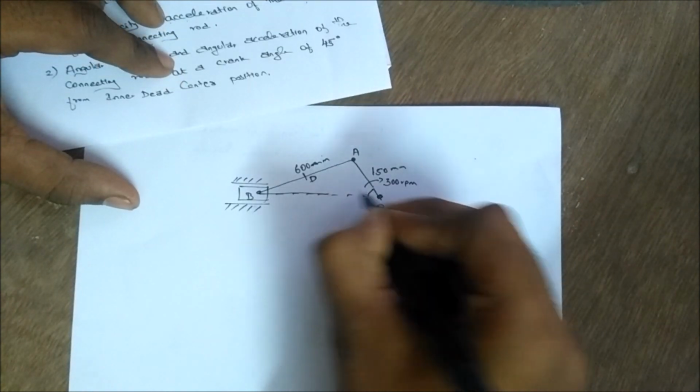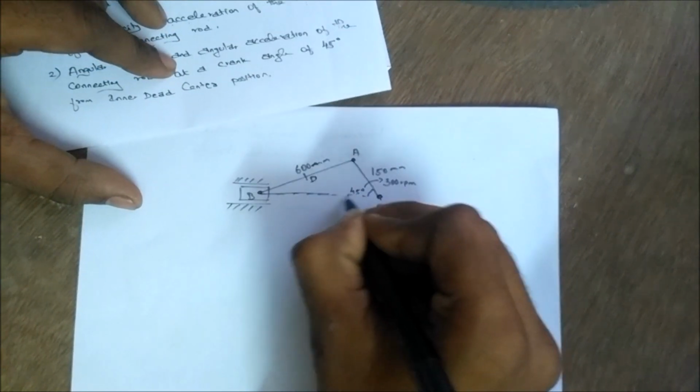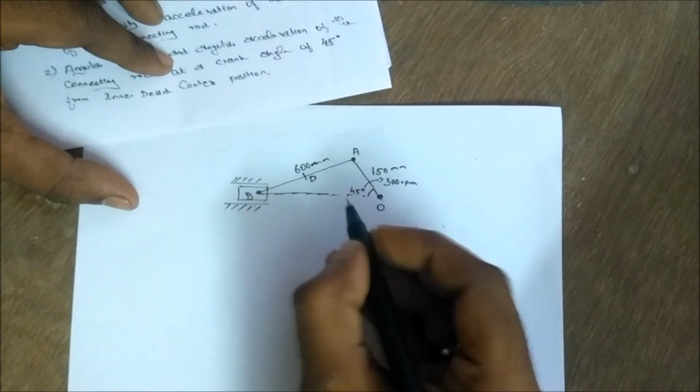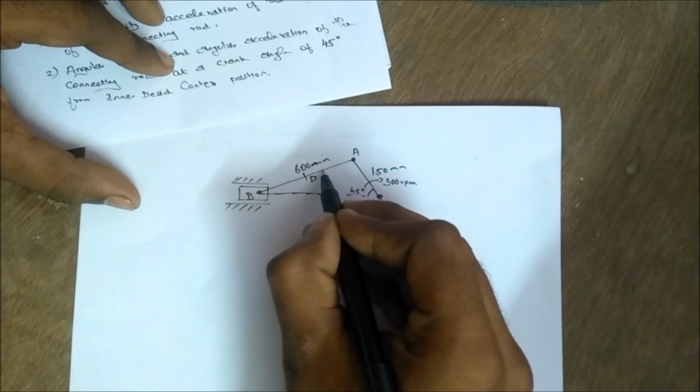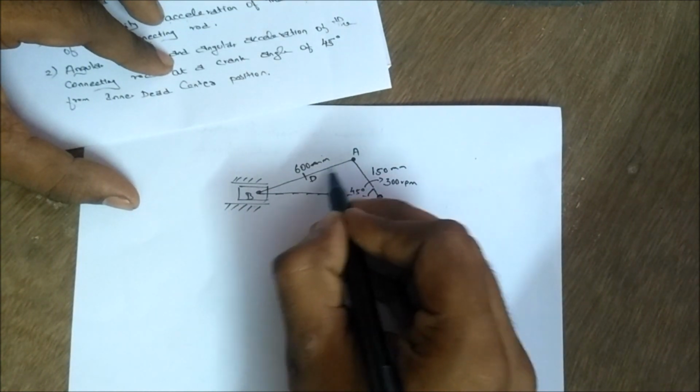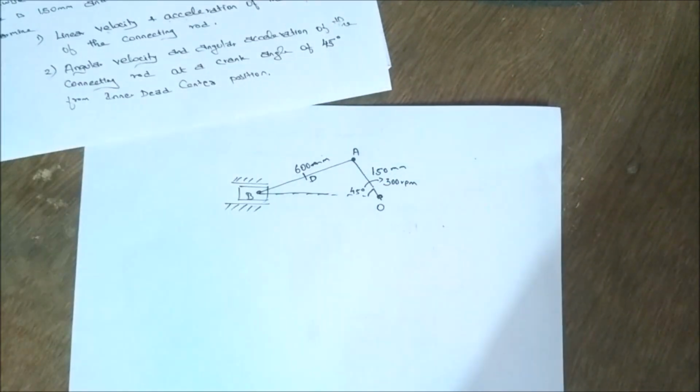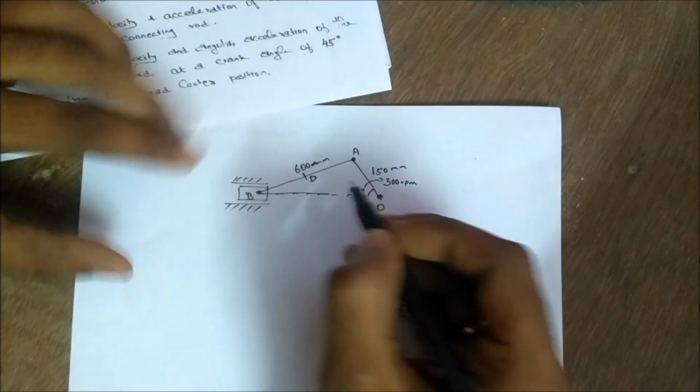So we are going to make an angle of 45 degrees from the inner dead center position, and then we need to find out the angular velocity and angular acceleration of the connecting rod. Okay, now I think you are clear with the question.